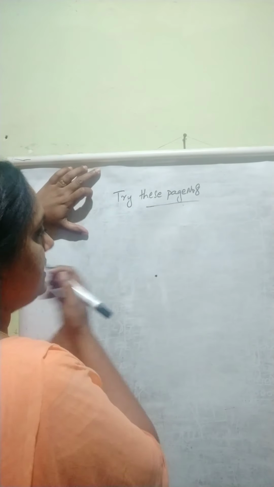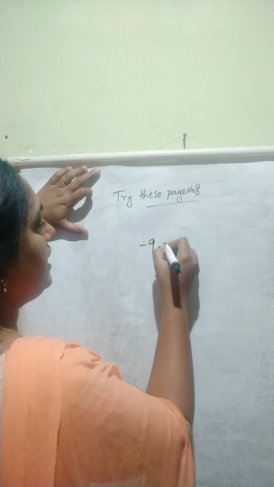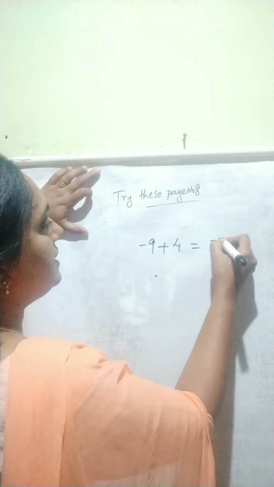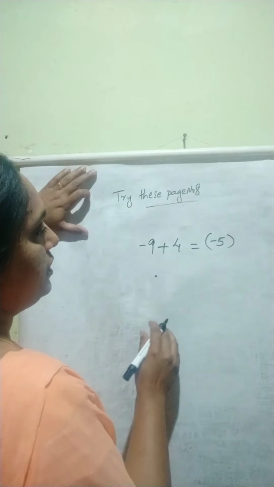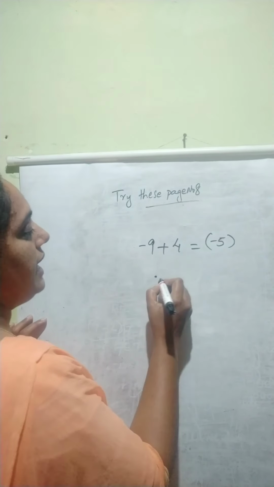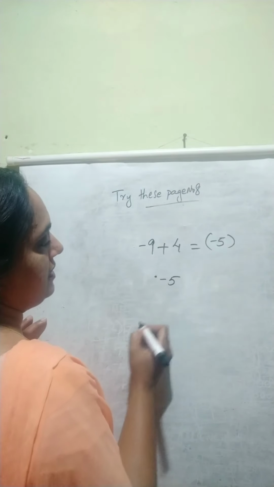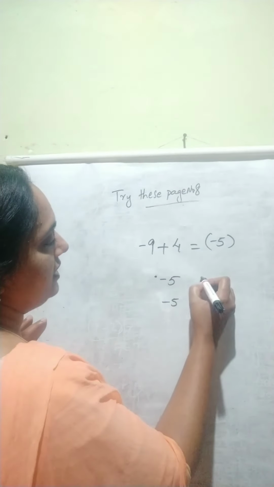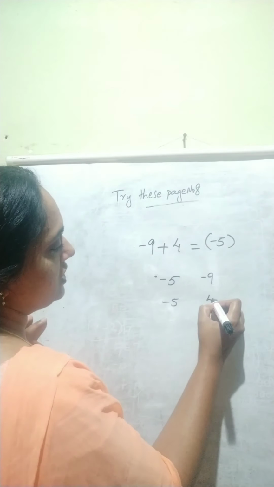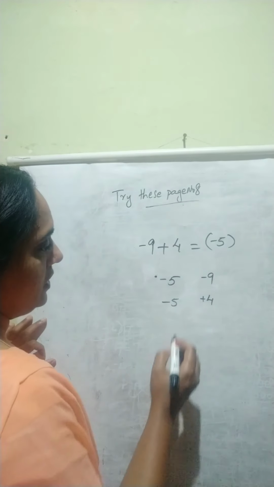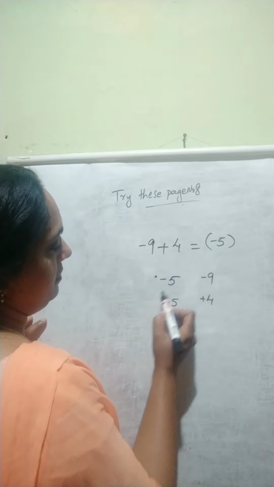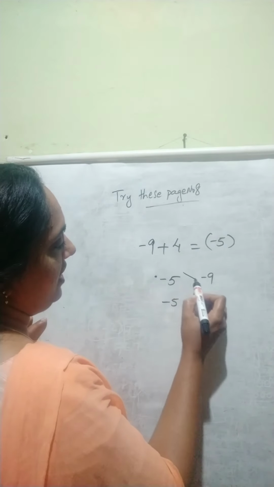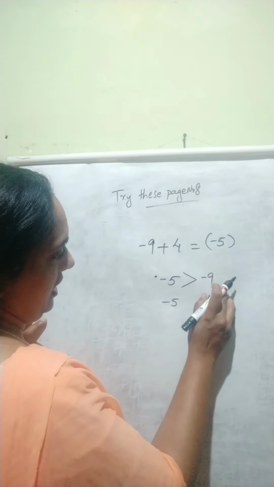We can discuss that. Negative 9 plus 4. Answer is negative 5. So here negative 5 is our answer. We have to compare this negative 5 with negative 9 and positive 4. In this case, negative 5 is greater than negative 9.